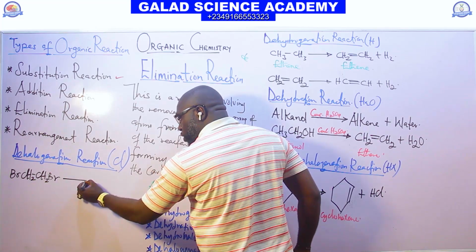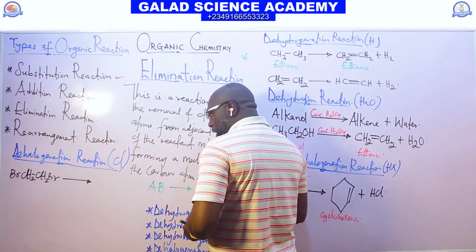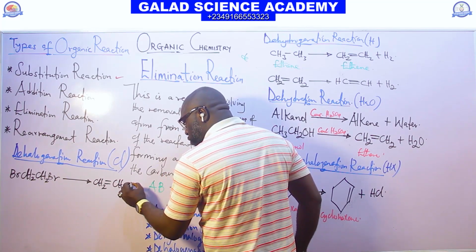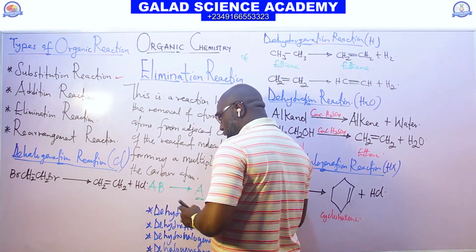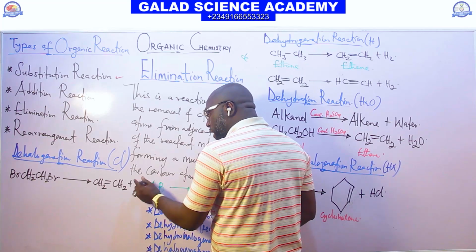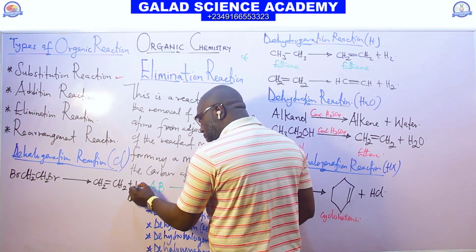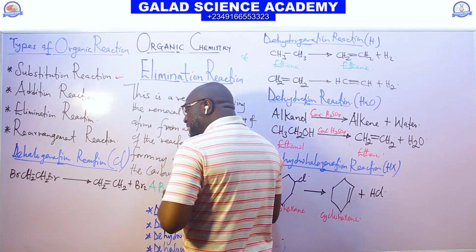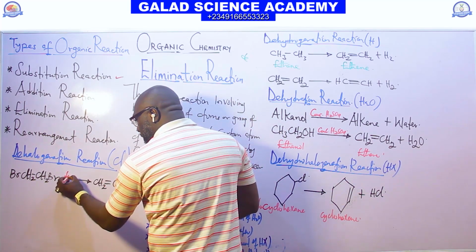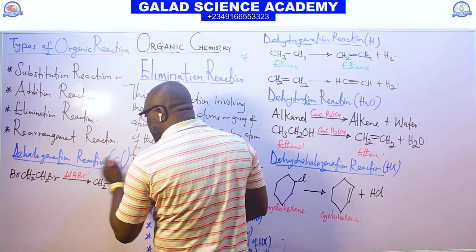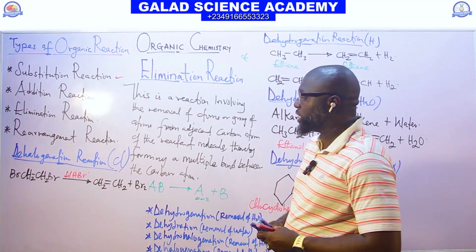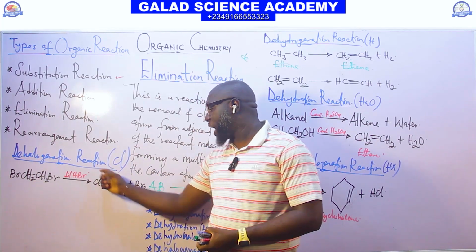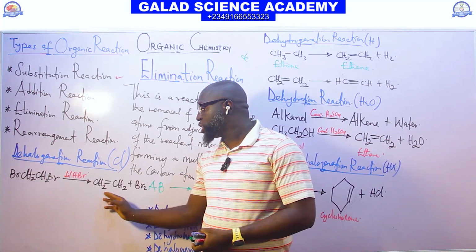In the presence of dilute HCl, this reaction will give us C2 double bond C2 plus HCl plus bromine. So this is the process of reaction where we take out halogen family like bromine.